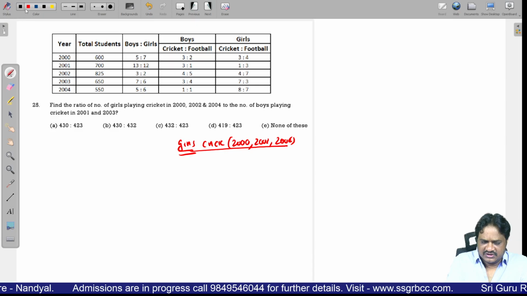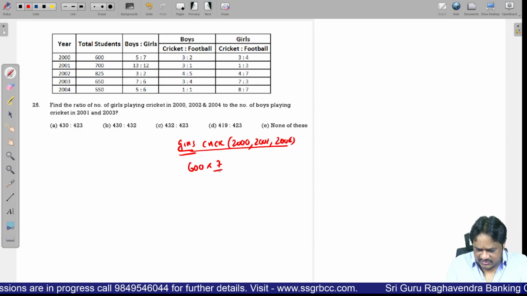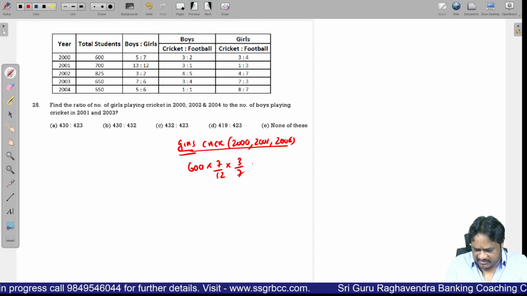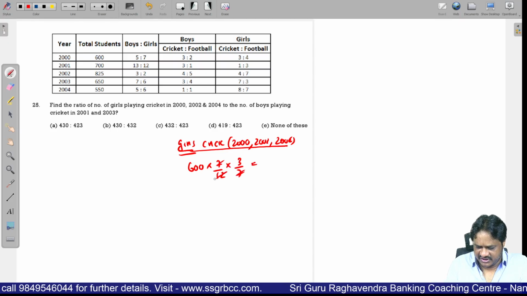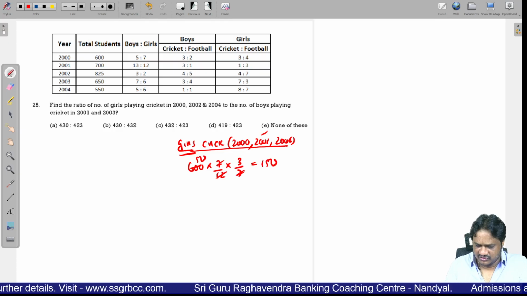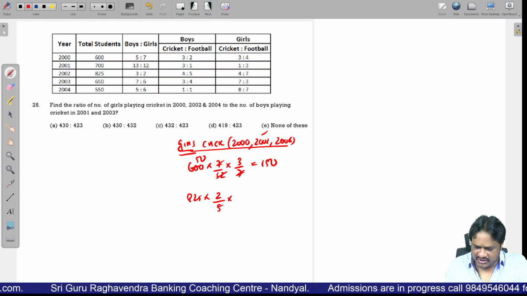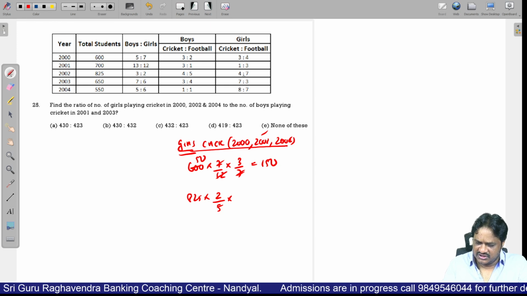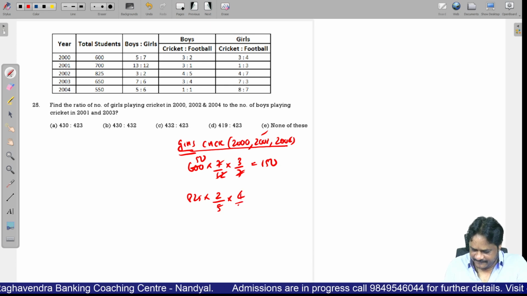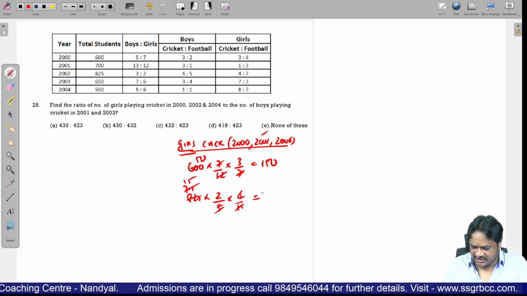Girls playing cricket in 2000: 600 into 7 by 12 into 3 by 7. 7, 7 cancel. 50 into 3, 150. Next, 2002: 825 into girls will be 2 by 5. In this cricket, so girls cricket is 4 by 11. 11 ones, 11 sevens, 5 ones, 5 fifteens. So 15 twos 30, 30 into 4, 120.